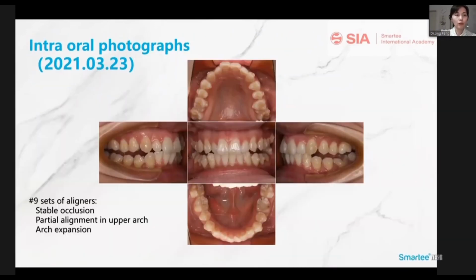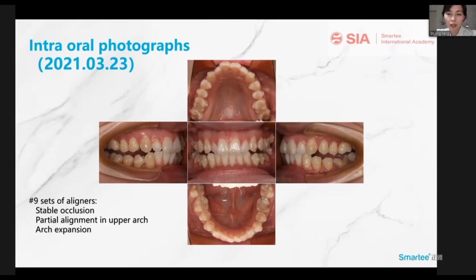And the intraoral photos show, it's actually 10 months with a block. So the mandibular position was stable, and with this stable position, we can either extrude the molars or premolars, or intrude the incisors to flatten the curve of Spee.